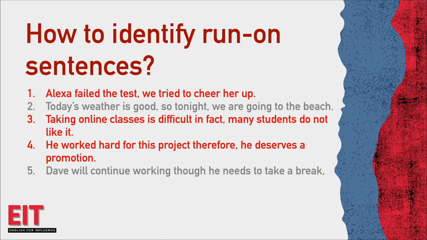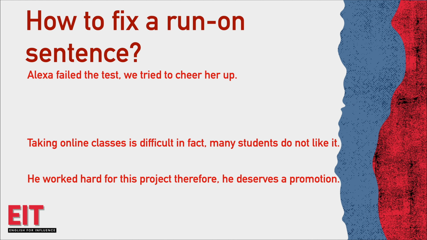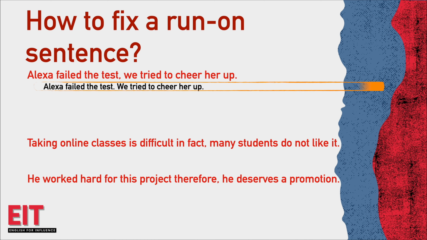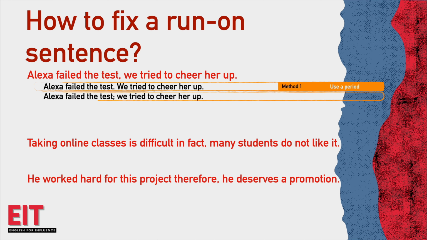Okay, now, so I guess the next big question is, what do we do with these run-ons? How do we fix them? So let's try to apply the methods we learned earlier. Let's start with the first sentence. Method 1, we can use a period to separate our two clauses to two sentences. Similarly, we can also use a semicolon since we have two independent clauses.